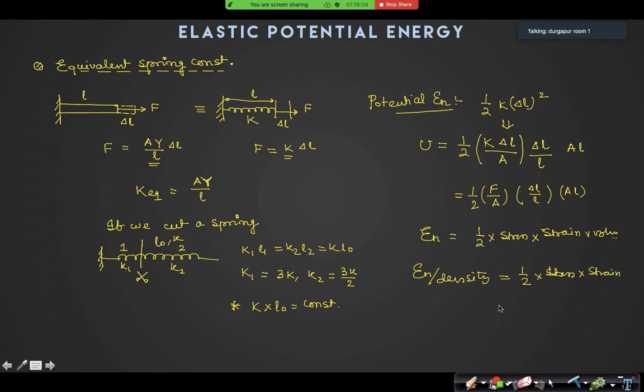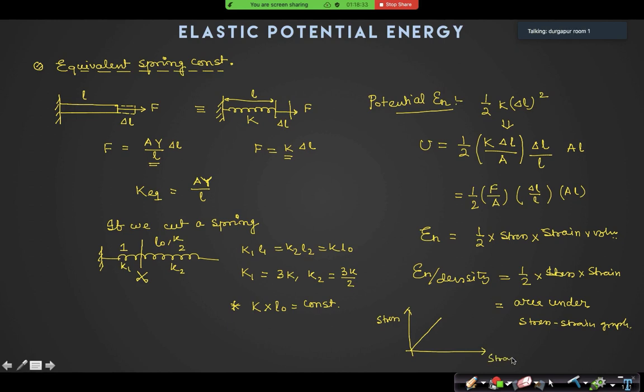Can I also write energy density is equal to area under the stress strain graph? Yes, because we only consider inside the proportional limit where stress and strain form a straight line.